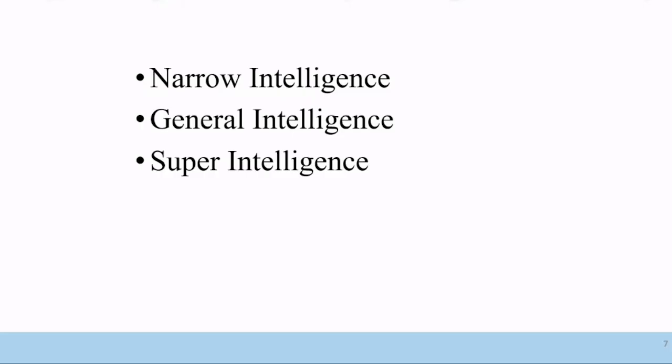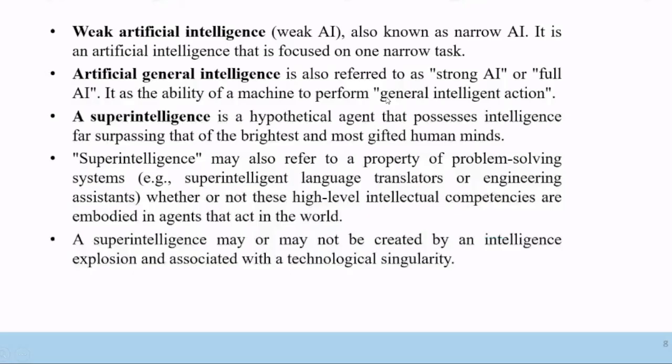Narrow, as I mentioned, is weak. That means these types of AI agents or machines are able to perform well-defined tasks. For example, a coffee maker will always prepare coffee. That's it. It doesn't have any sense to cook vegetable biryani or dal sambar, whatever it is.